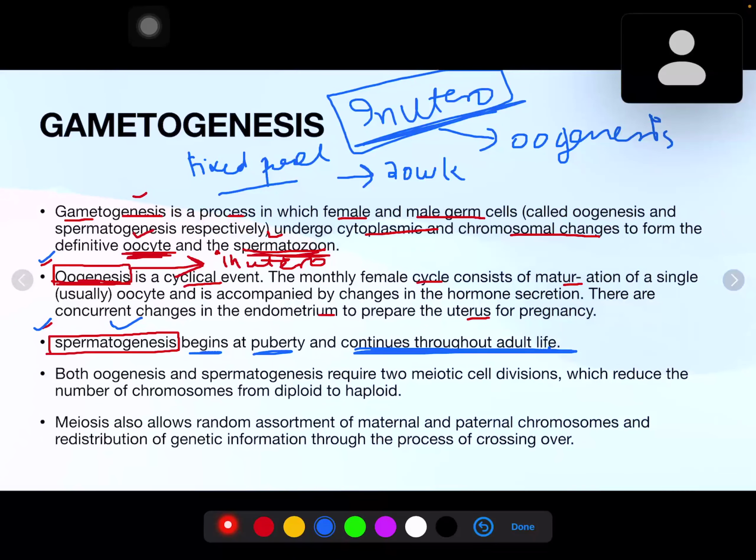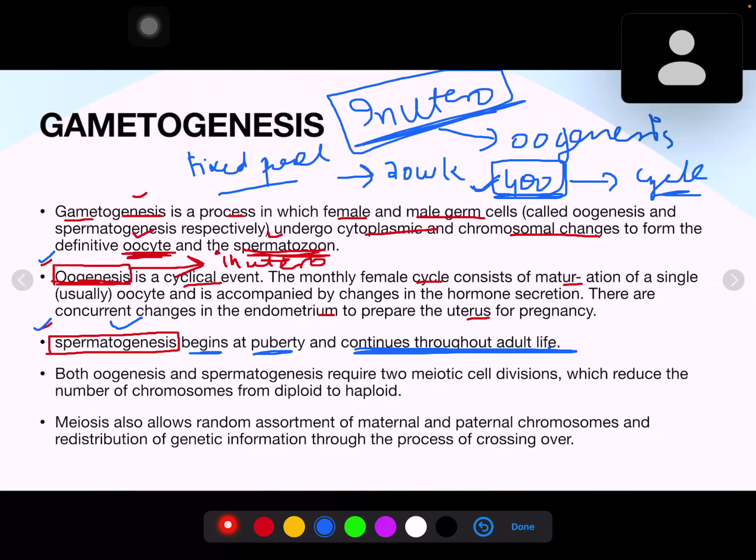And we all know that approximately only 400 oocytes are to enter the cycle in the reproductive cycles, you can say. Okay, so only 400 oocytes are basically used in a female reproductive age, but we have millions of oocytes in our ovaries.